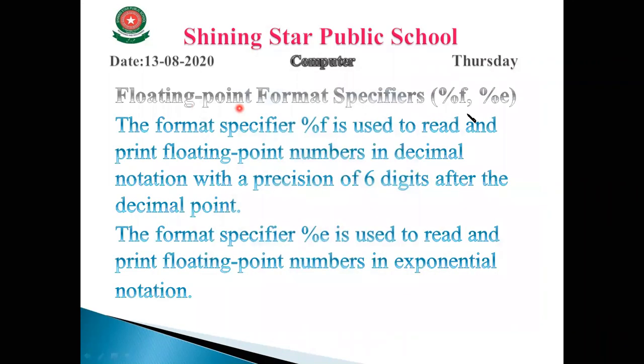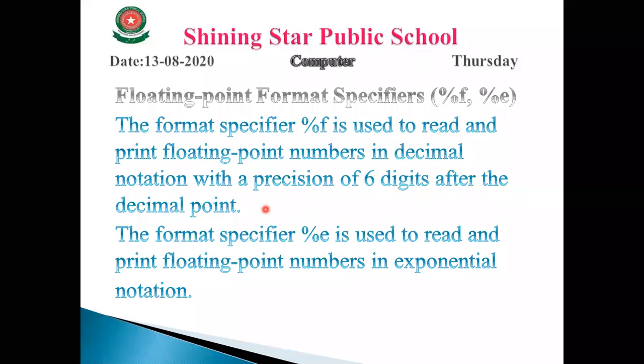Floating point format specifier. So now what is the floating point format specifier? The floating point format specifier is used for taking values in integers and in decimals, means 15.5, 20.5, 19.5, anything.